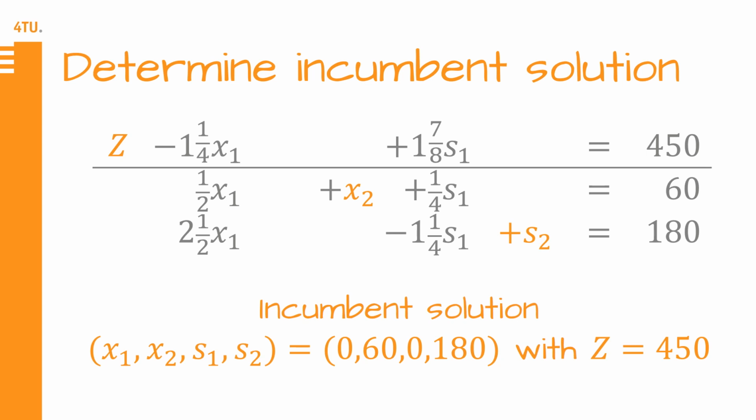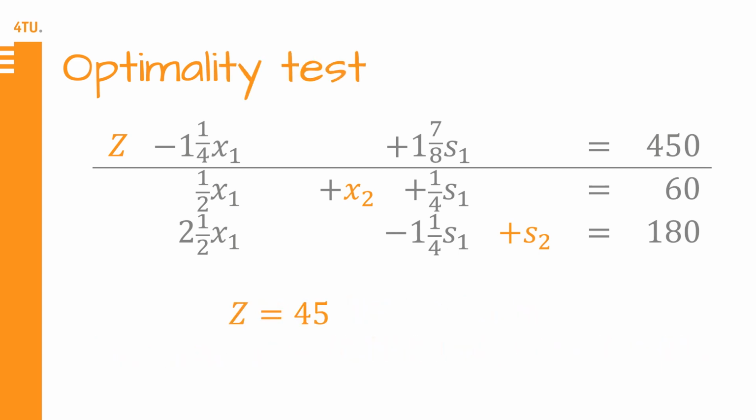To test if the incumbent solution is optimal, we look again at the objective function in terms of the non-basic variables given by the first equation of the system. This shows that we can still increase our total profit z by increasing x1 from 0 to a positive number, because x1 has a positive coefficient. So we are not done, but have to repeat the steps of the simplex method.